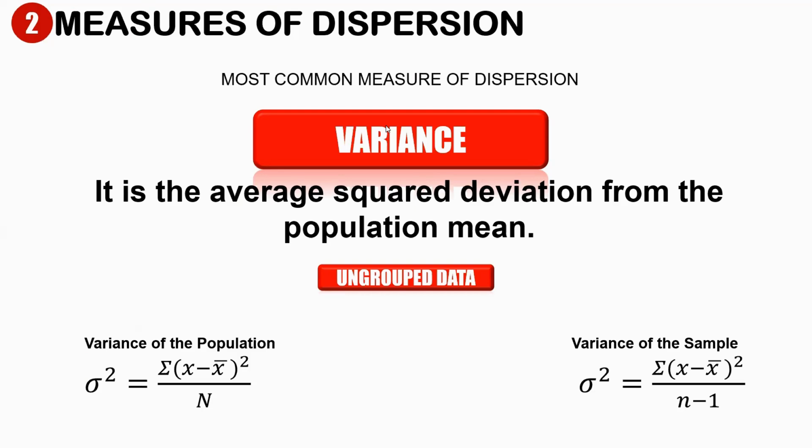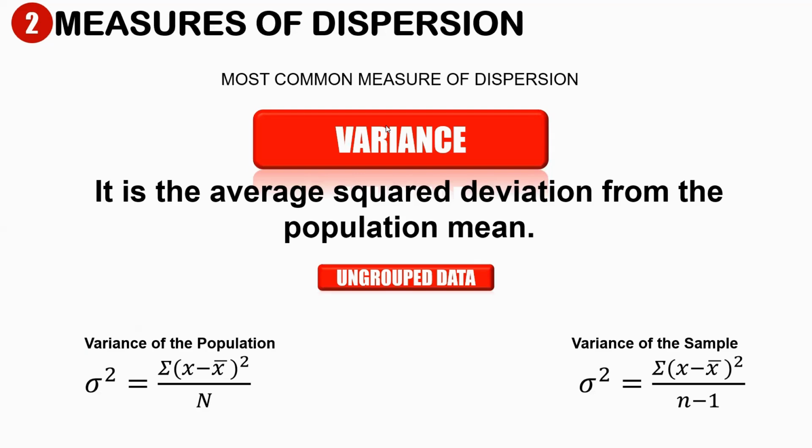Then we use sample variance when you only have a subset or a sample of the entire population. In this case, the formula divides by n minus 1, where n is the sample size, instead of n, because the sample is used to estimate the population, and dividing by n minus 1 compensates for the bias that would arise if you only used the sample data. So what are the key considerations here?